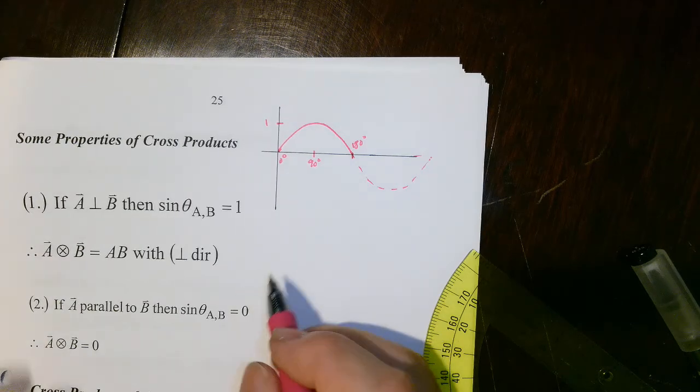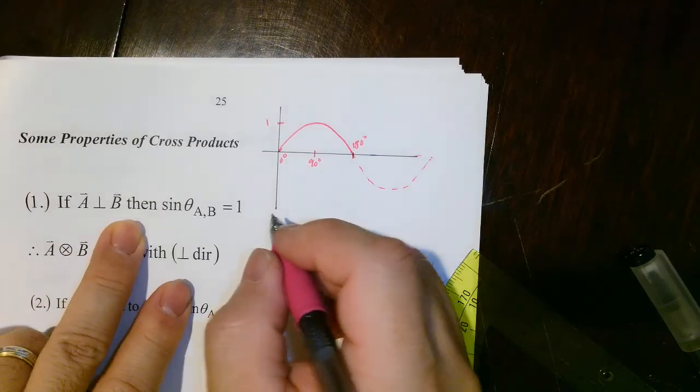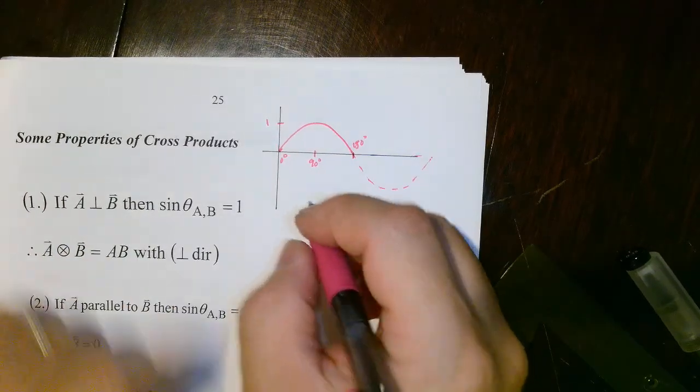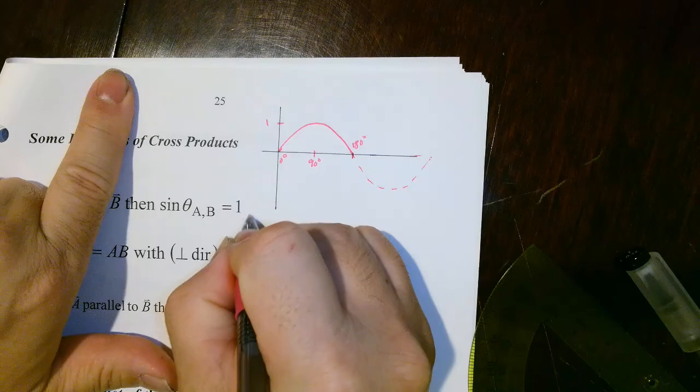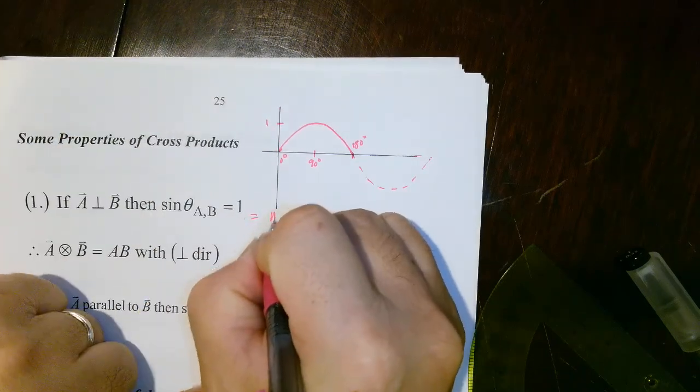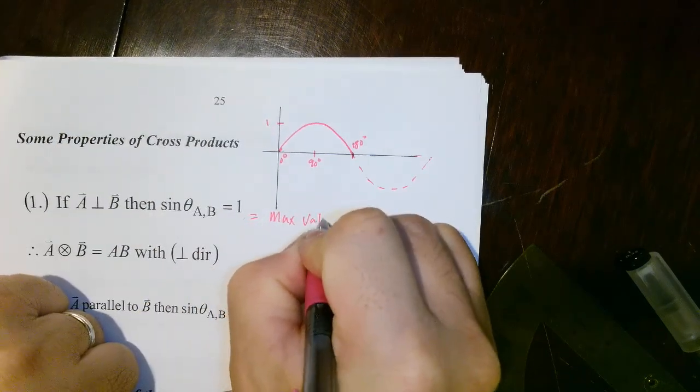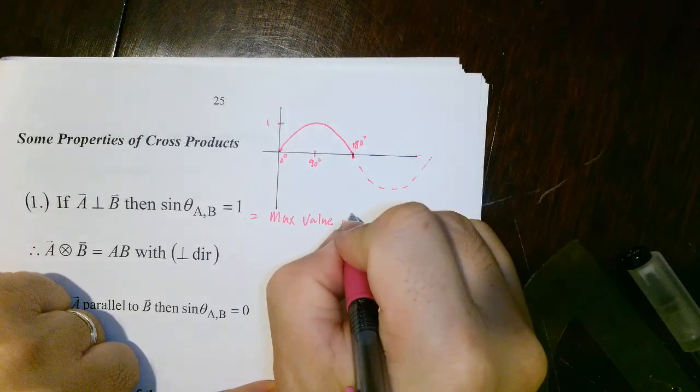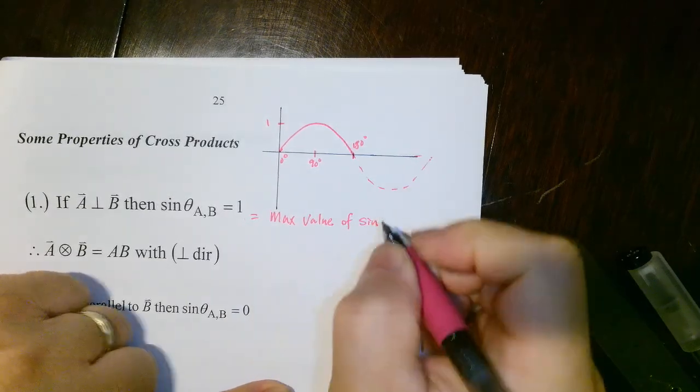So A and B, when they are perpendicular to one another, your sine of theta is equal to 1. So you'll get the maximum value of sine, right?